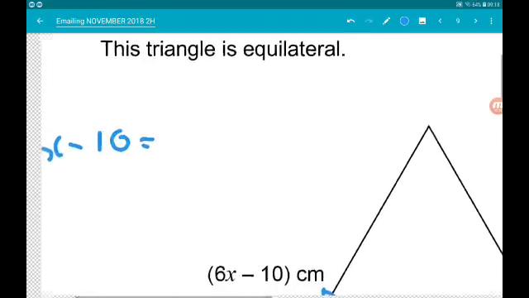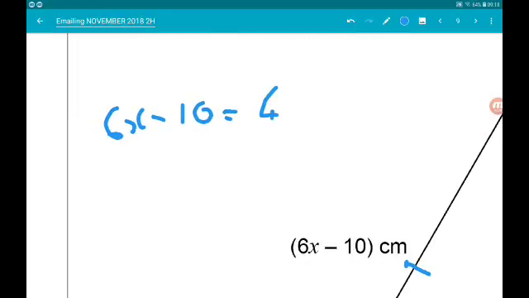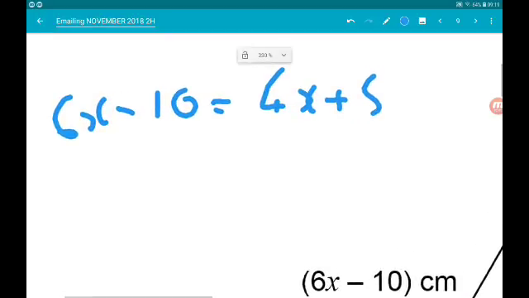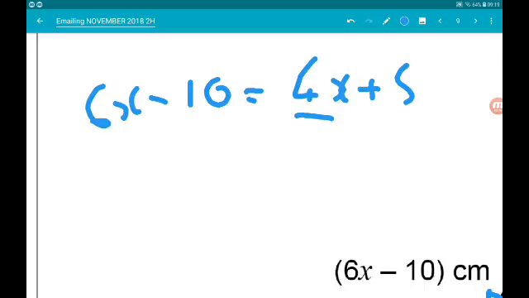Now, if we solve this for x, we can then work out the side length, we can then work out the perimeter. So let's subtract 4x from both sides, so we get 2x minus 10 is equal to 5.